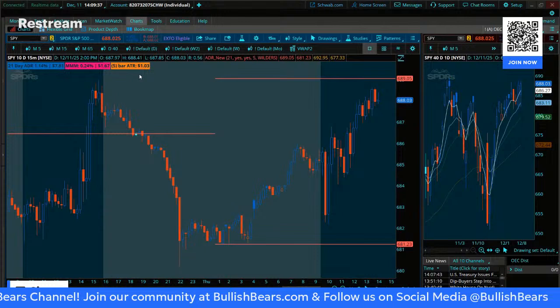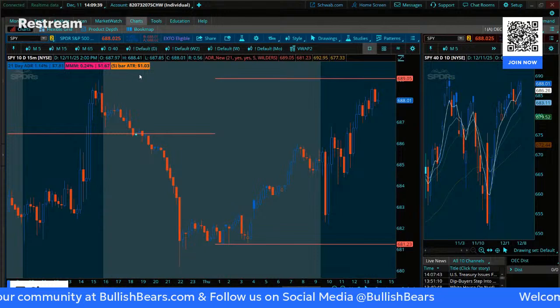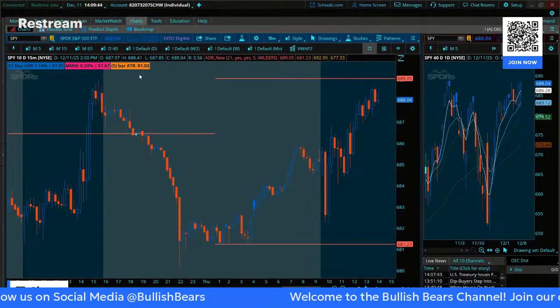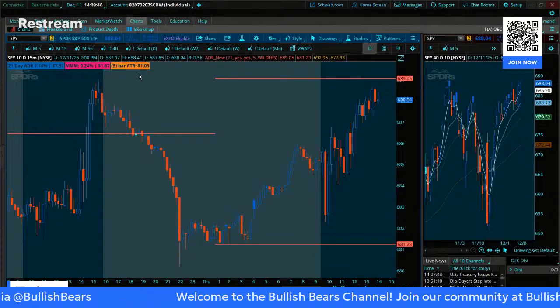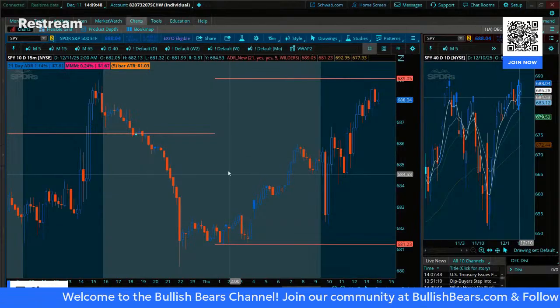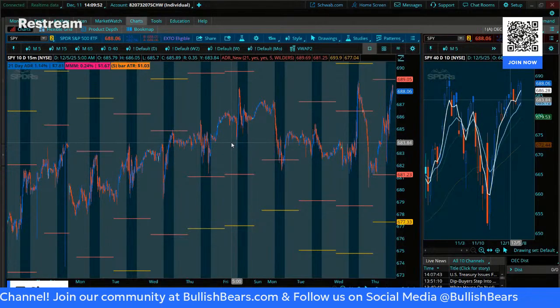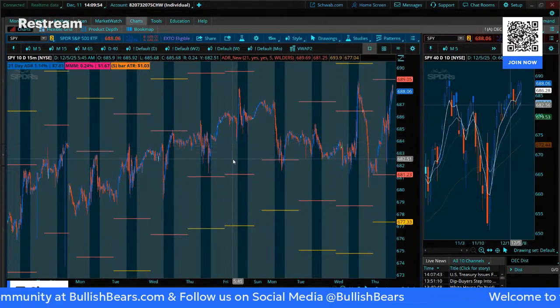So, average daily range. Now, of course, it also draws lines on the chart, and we can use those to see has it gone far enough one way or far enough another. Once it gets there, we can start asking questions like, well, what is it supposed to do once it gets there?